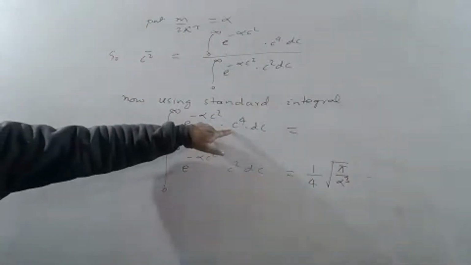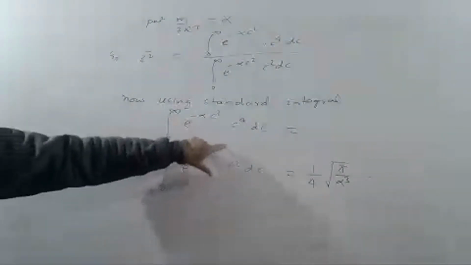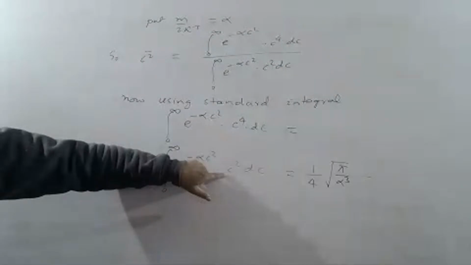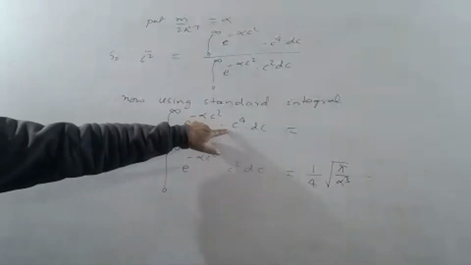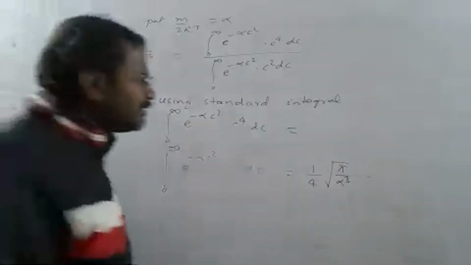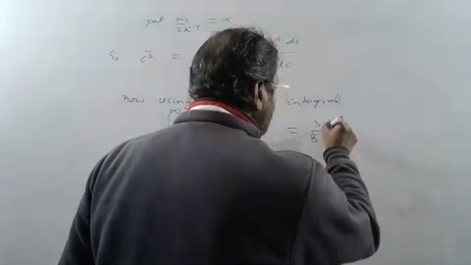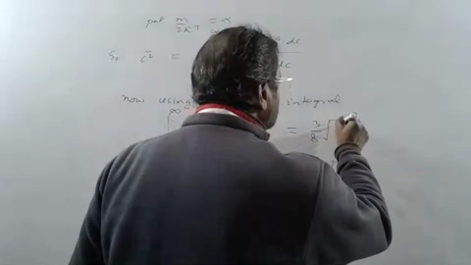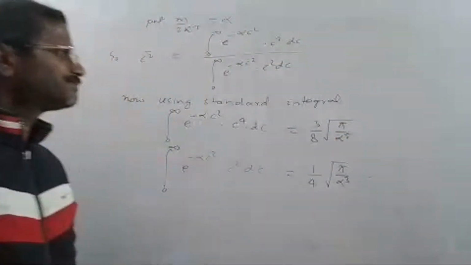And here this is c to the power 4. The other terms are the same, but instead of c square, here it is c to the power 4. Then this value will be 3 by 8 into root under pi by alpha to the power 5.